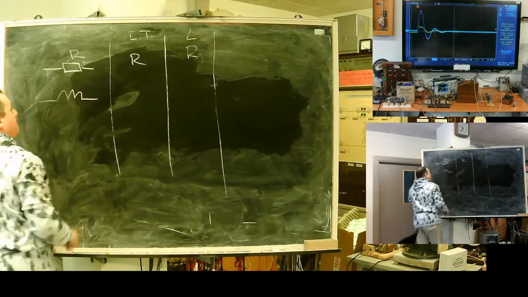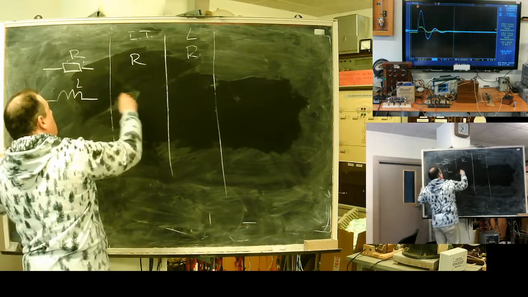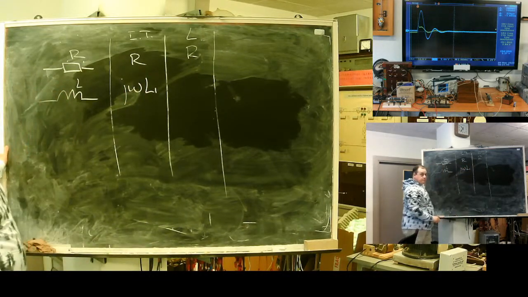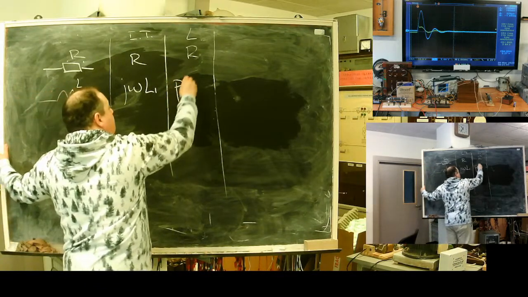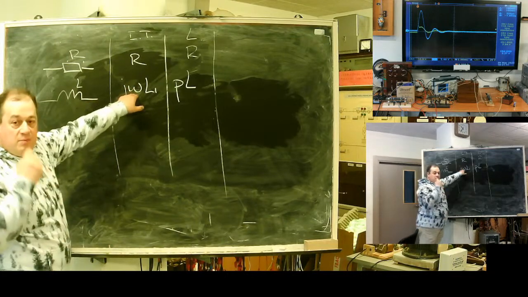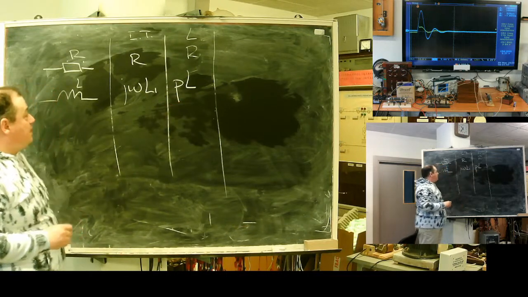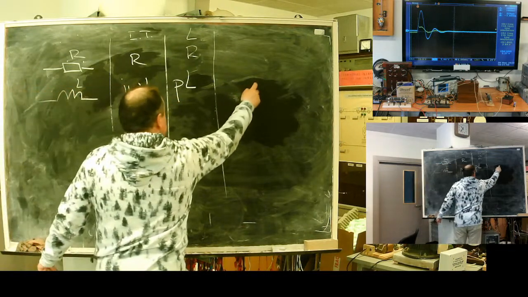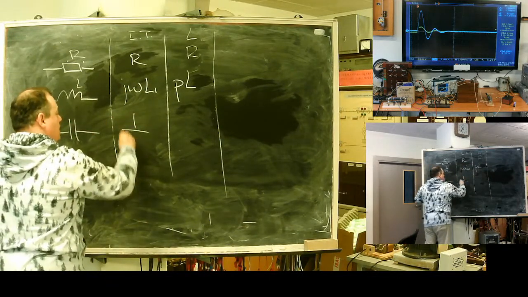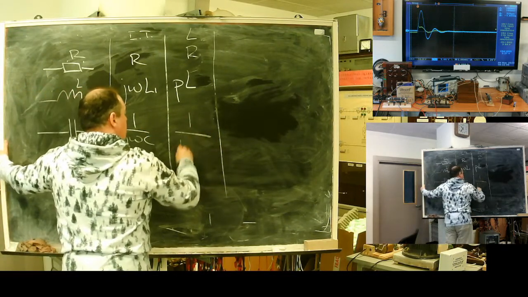Coil. What should we use? J omega L, yeah? pL. Replace the imaginary frequency with complex frequency. Capacitor: 1 over omega C, yeah? 1 over pC.